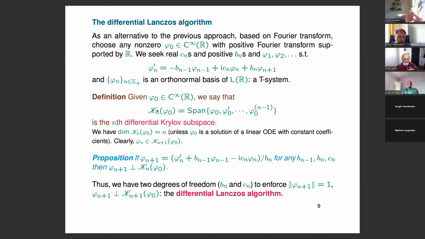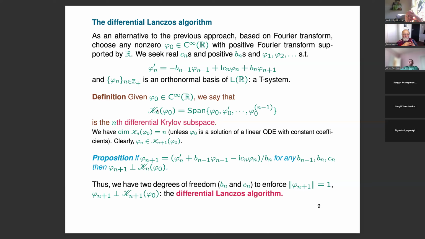The name originates from the fact that standard Krylov subspaces are generated not by a derivative operator, but by matrices, multiplication of vectors by matrices. Here we don't have matrices, but we have a differential operator. And unless phi 0 itself is a solution of a linear ODE with constant coefficients, each such space is exactly of dimension n. And of course, by the way we constructed everything, phi n is in K(n+1) of phi 0. And this you can easily prove by induction.